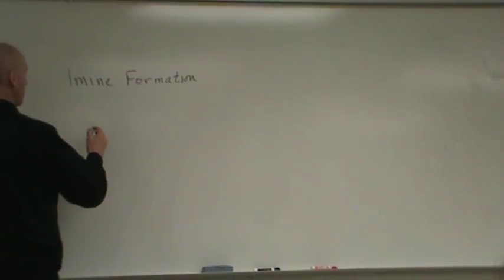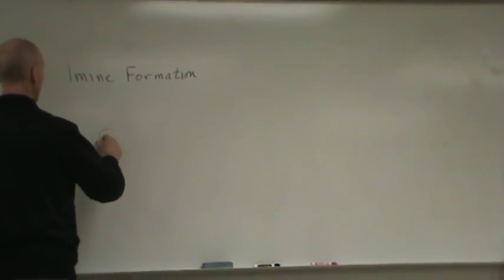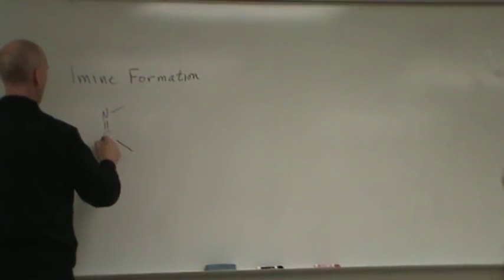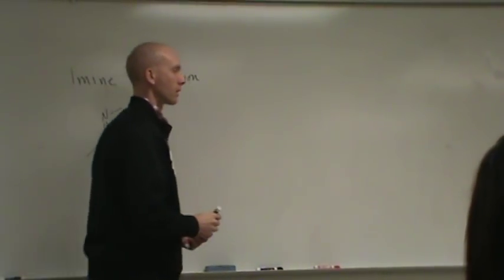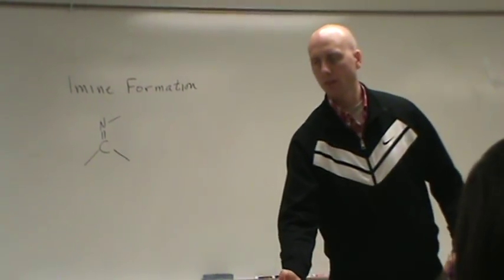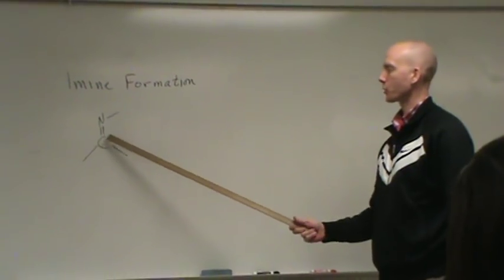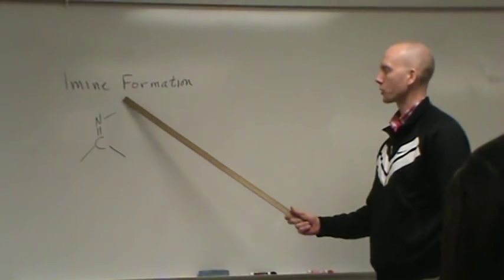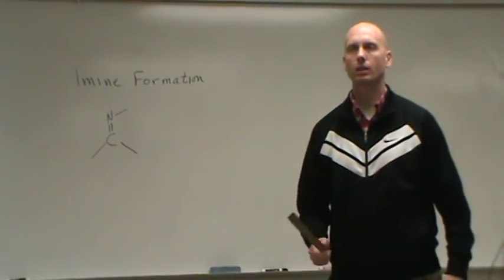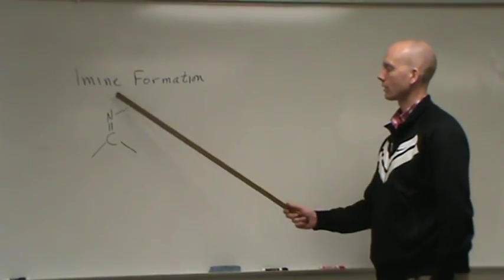Here what we're going to do is get a look at an imine. Okay. This is what an imine is. It's a carbon double bonded to a nitrogen. And this nitrogen can have something over here. Okay. This is what we're going to get into now.